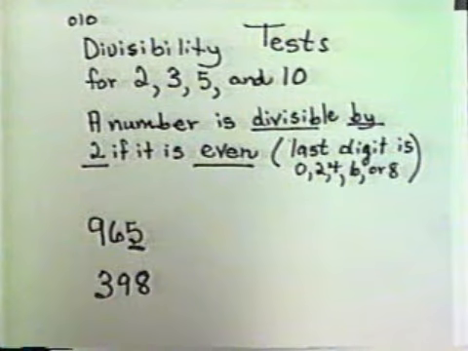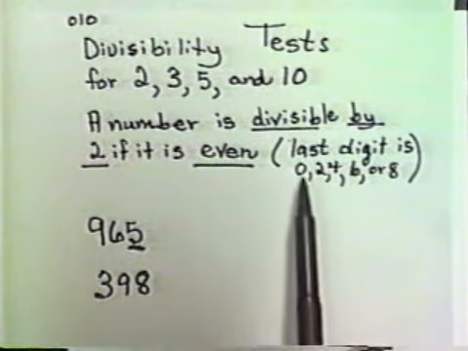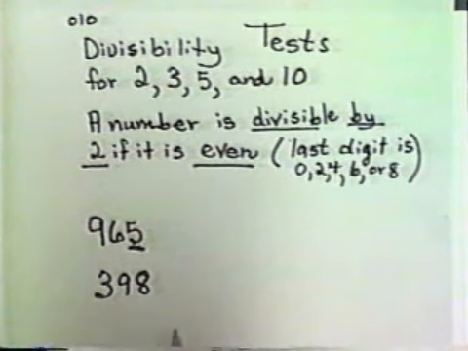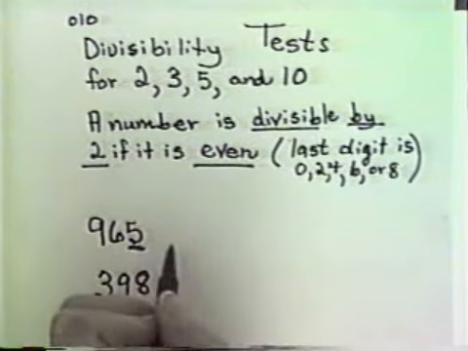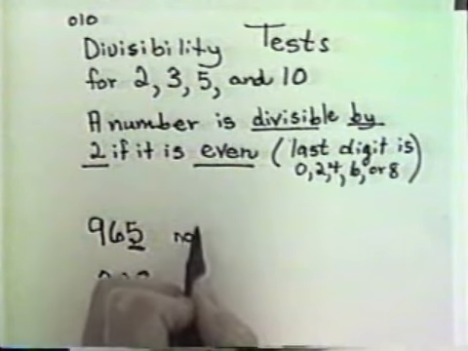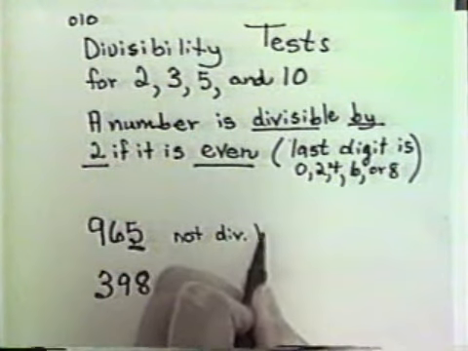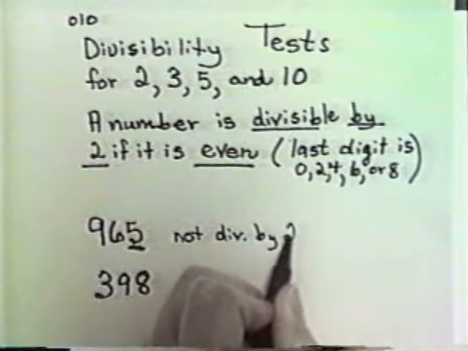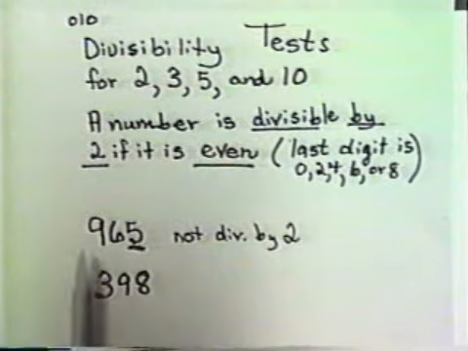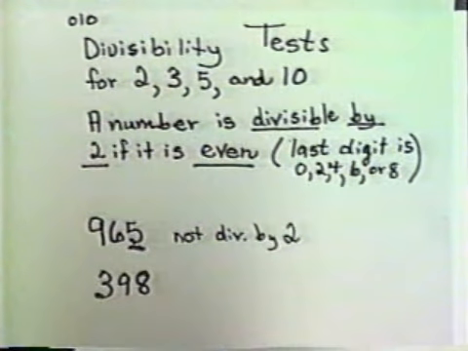To be divisible by 2, the last digit has to be a 0, 2, 4, 6, or 8. Well, in this case it's a 5. So it's not divisible by 2. In other words, if we divided 2 into that number, we would get a remainder.